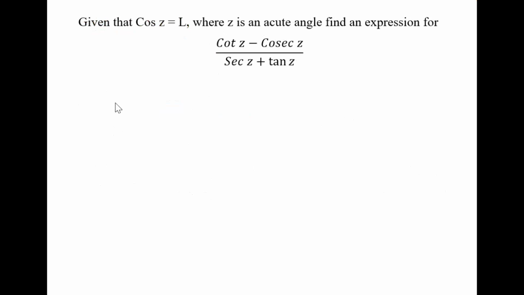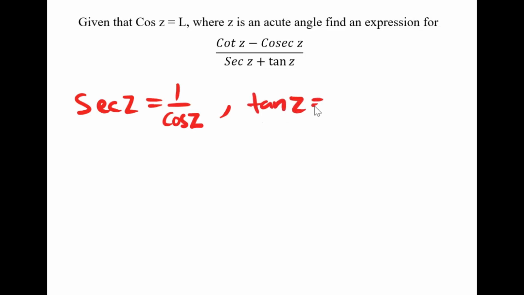For our denominator, we have that sec z is the same thing as 1 over cos z, and tan z is the same thing as sin z all over cos z.